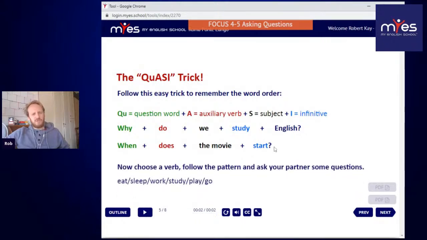But can you pick a verb and can you ask me a question with this verb? So, using the QUASI, choose a verb and ask me a question. Any question. Okay?